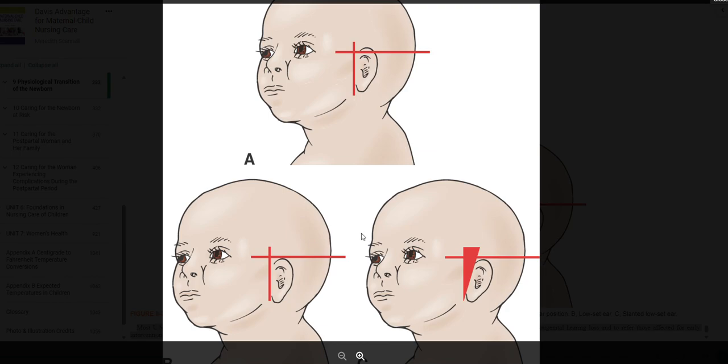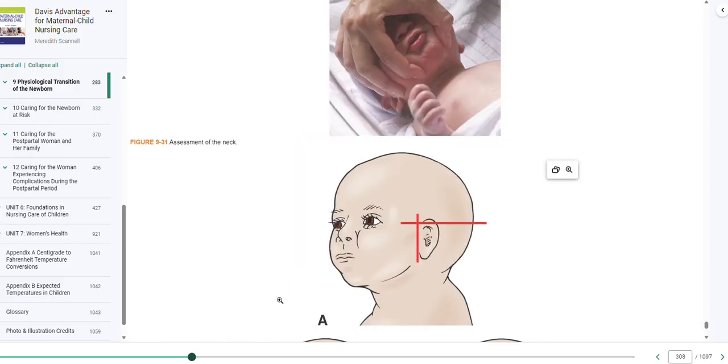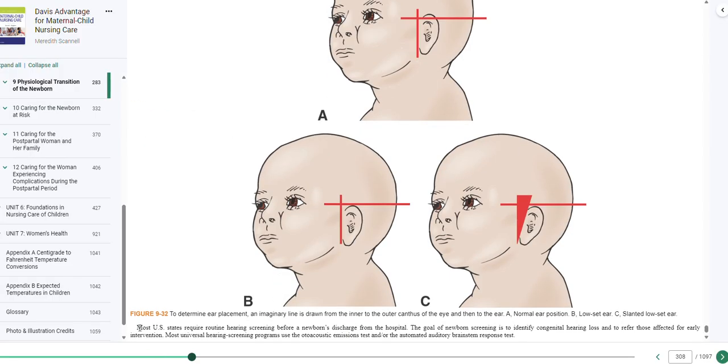They must have a hearing screening before they leave. If they fail, even in one ear, they come back to the hospital within 2 weeks and have that repeated. And if they still fail, they are referred to an audiologist for further studies.